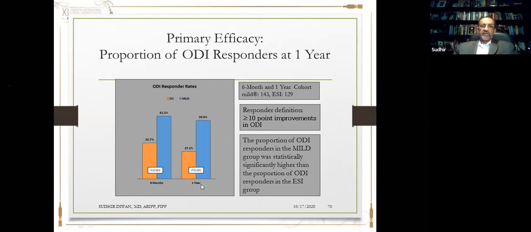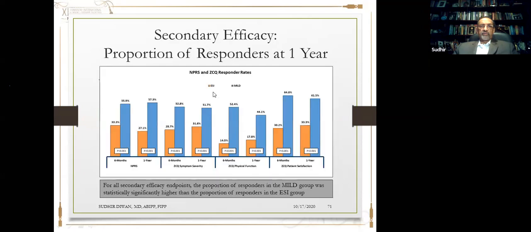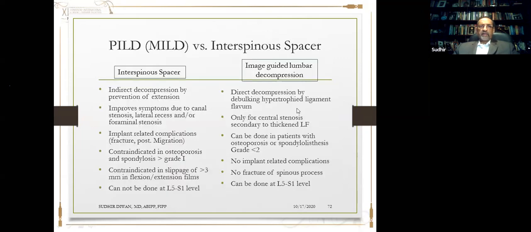At 6 months and 1 year, you have better results with the MILD procedure as compared to epidural steroids. And this is the same study in different domains, the ZCQ and also back pain and leg pain.